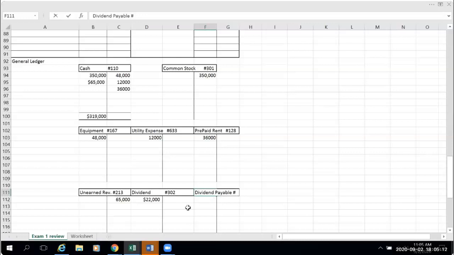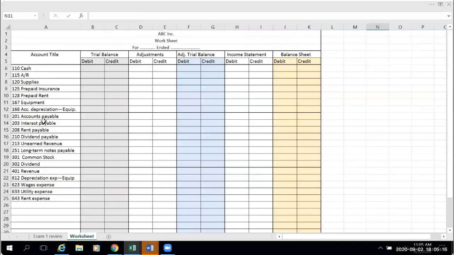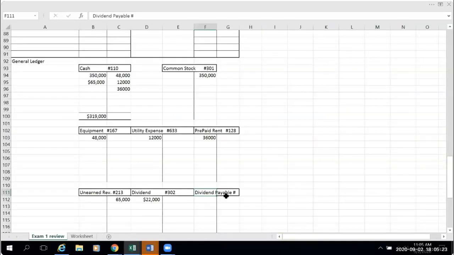Dividend payable is a liability, so you want to start with 2. Do I have anything? Yes, here, 210. Good enough, so I'm going to use 210. Okay, dividend payable 210. Fine. So that's the liability.